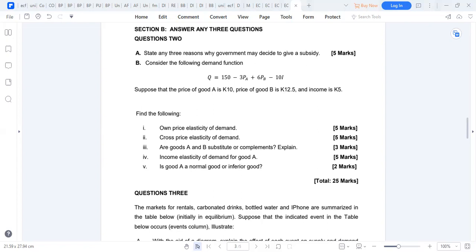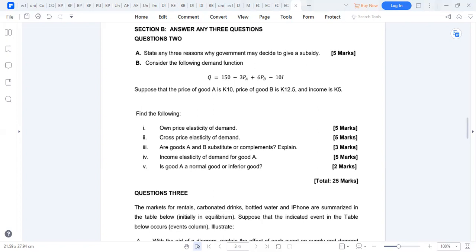So they may provide subsidies to support specific industries. For instance, agriculture is one that this government wants to promote. So government has been adding subsidies to promote the agricultural sector. And now the renewable sector. So most of the people importing alternative sources of power in renewable energy get so many subsidies. Also, subsidies are given to correct market failures. So subsidies can be used as a policy to address market failures and promote socially desirable outcomes.